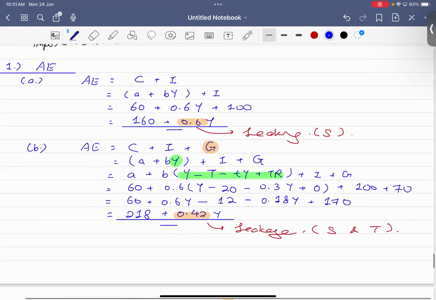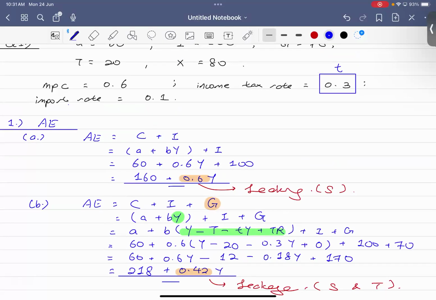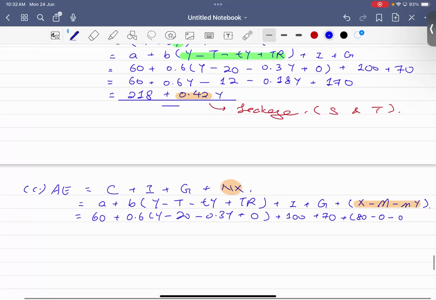You can see here the import tax rate over here, that's for us to calculate the induced imports, 0.1Y.